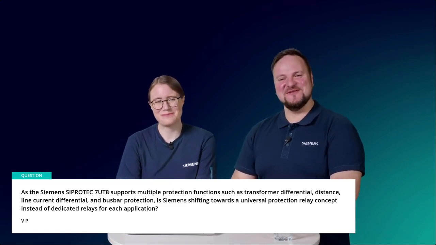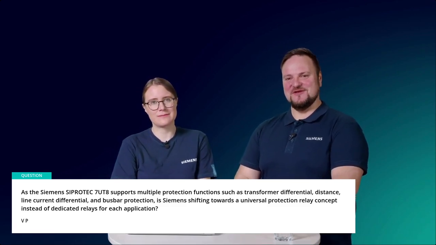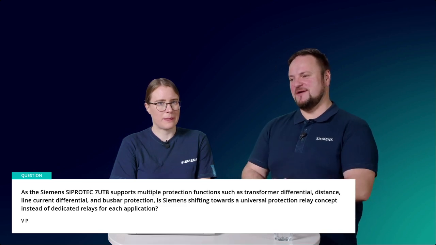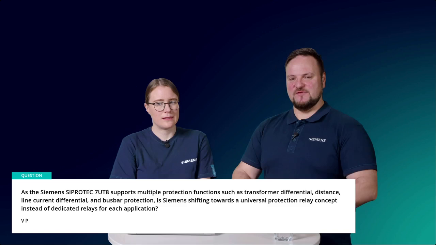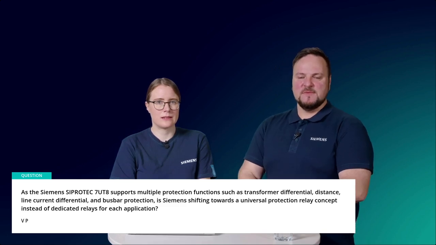Okay, we can say the 7UT was the first universal device, because I saw that the 7UT is on electrical equipment which has a lot of boundaries to other protection systems. So on one hand we have the differential protection for transformer, on the other hand we have, for example, distance protection, line differential protection, and so on.